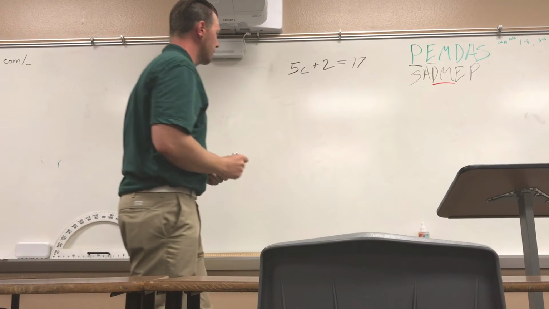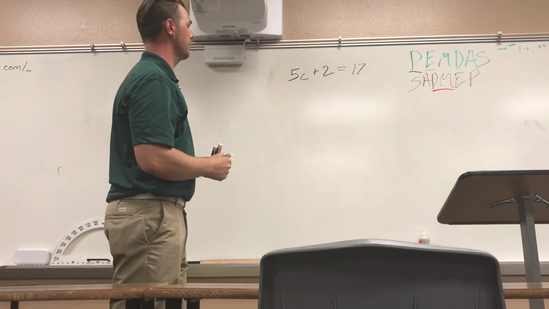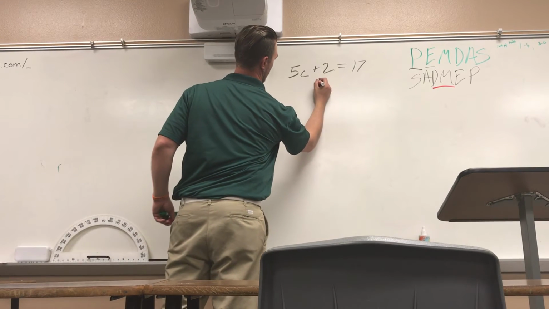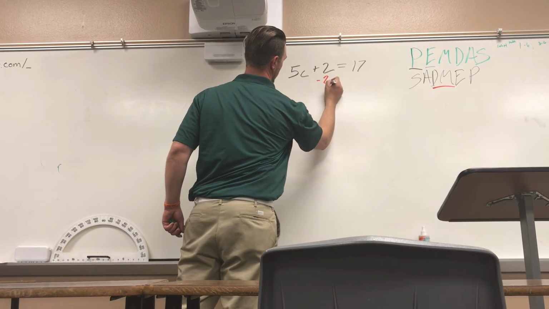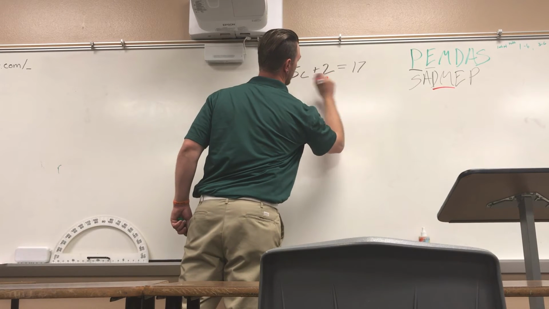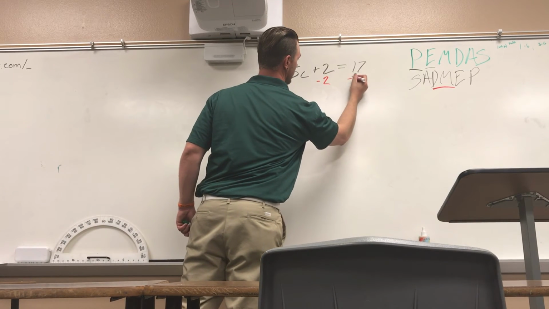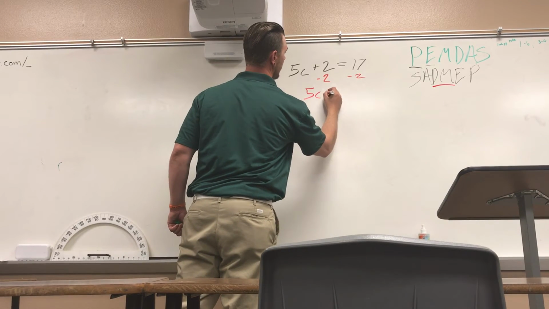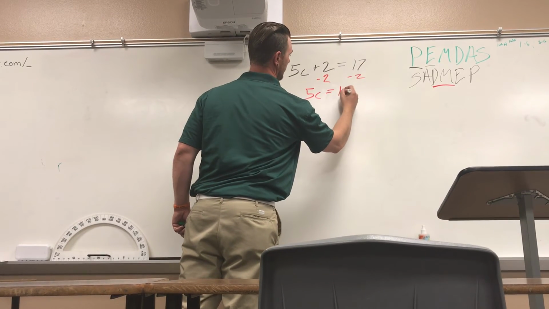All right. So the first thing that we're going to do is we're going to subtract this 2. So we're going to subtract 2 to get it over on the other side. Minus 2. So 5C equals 15.